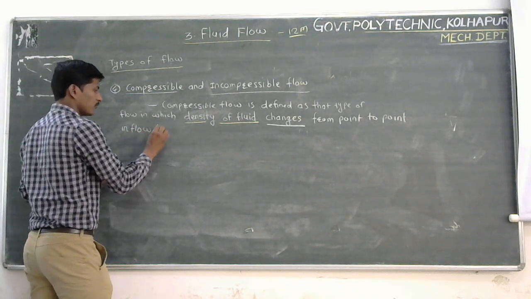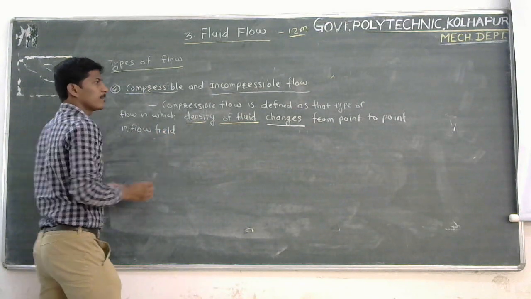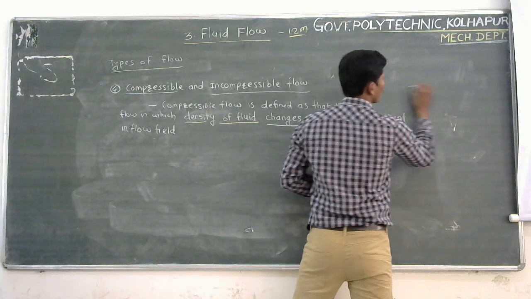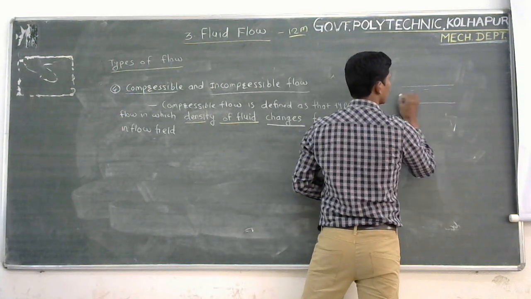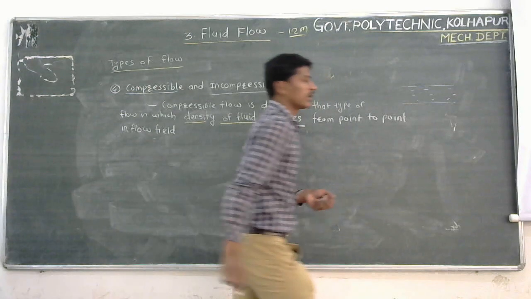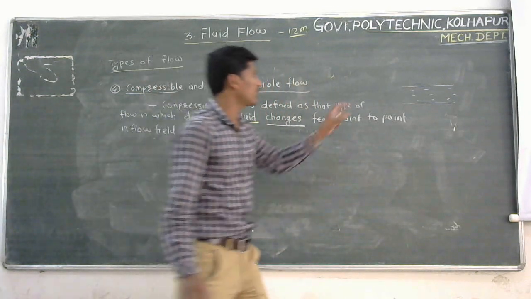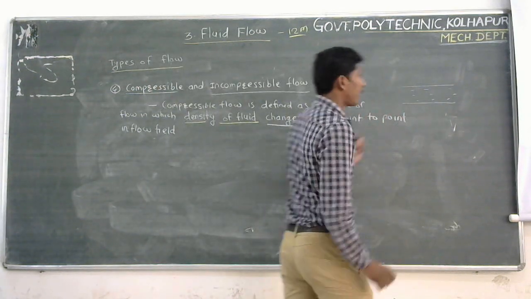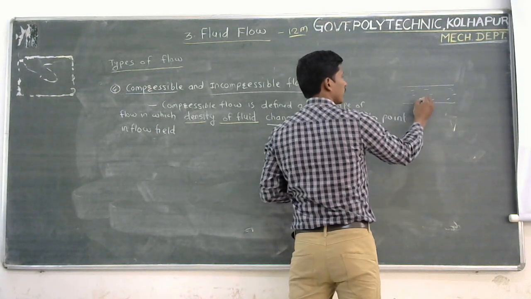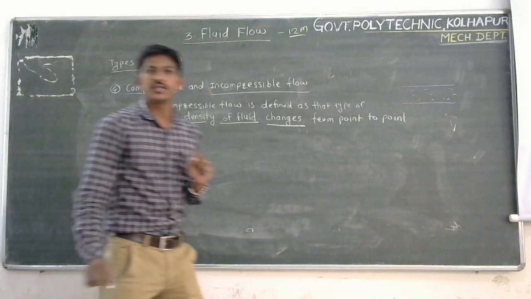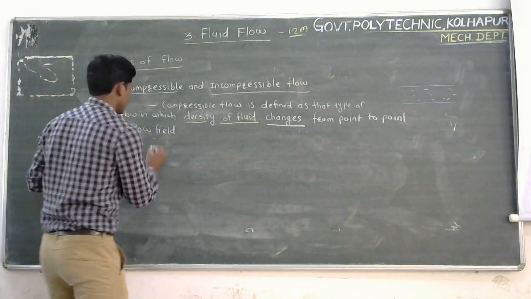In a flow field means, if we consider this as the flow field, we have considered our pipe and the fluid flowing through the pipe. At this point, density will be different; density will not remain constant.